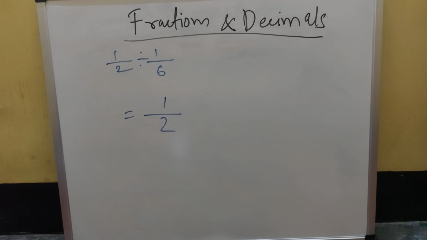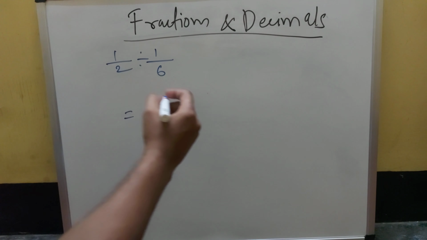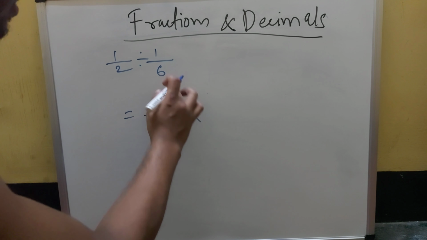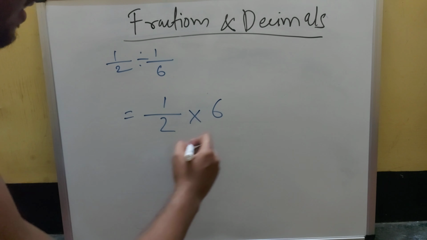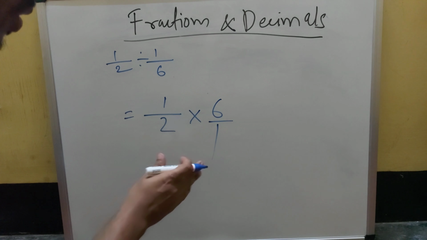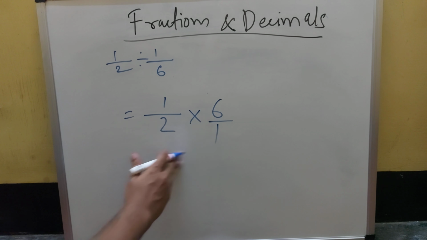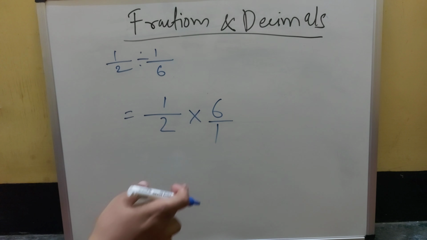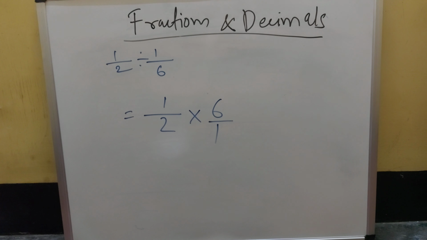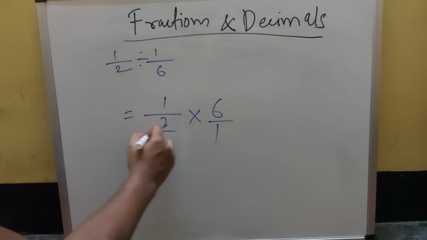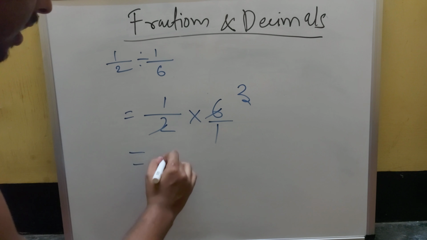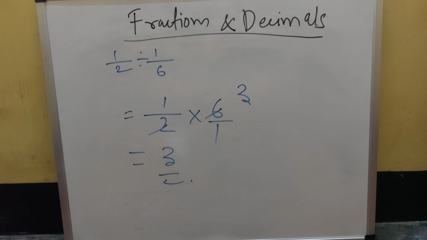If we convert it to multiplication, 6 will go up. Below is 1. If you don't write 1 as the denominator, then also it's fine. So the answer is 3. Clear?